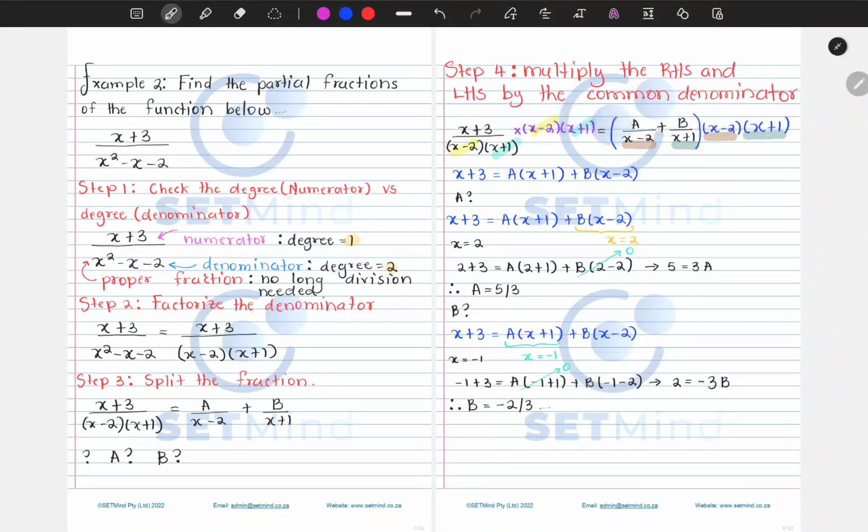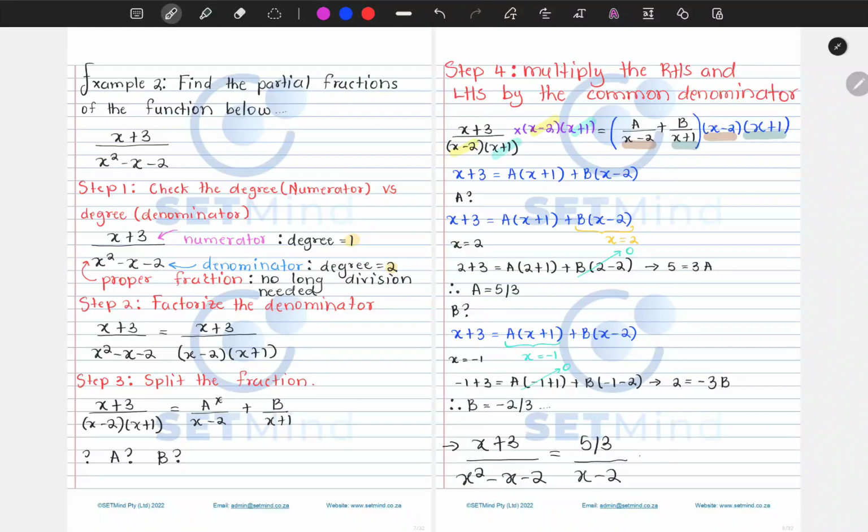If you look at what we were originally given, we're given (x plus 3) divided by (x squared minus x minus 2). This will now be equal to, where there was a, we put what we found for a, which was 5 over 3, divided by x minus 2.